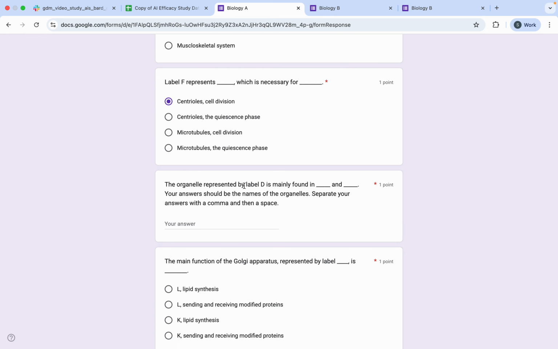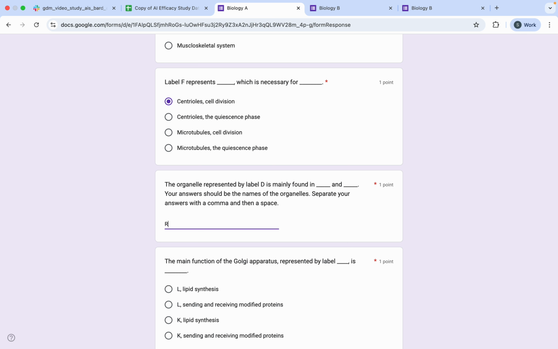The organelle represented by D is mainly found in dash and dash. Your answer should be in the name of the organelle. Separate your answer with comma and then space.